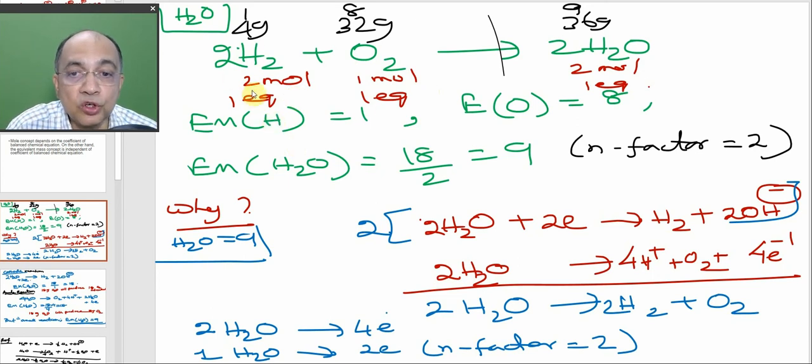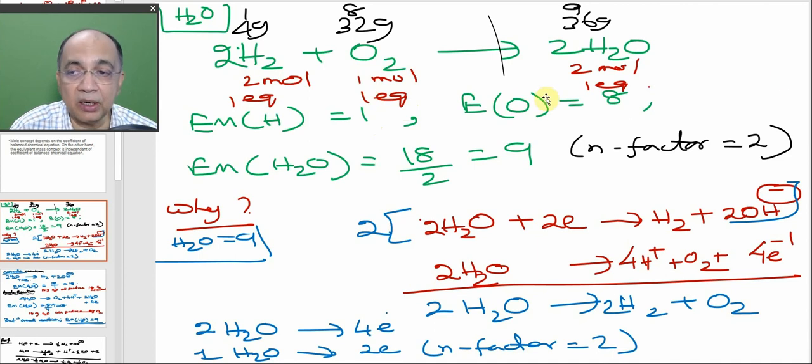If 2 moles, 4 gram, reacts with 32 gram, giving 36 grams of water, then 1 gram reacts with 32 by 4, that is 8 grams. 1 is the equivalent mass of hydrogen, 8 is the equivalent mass of oxygen.